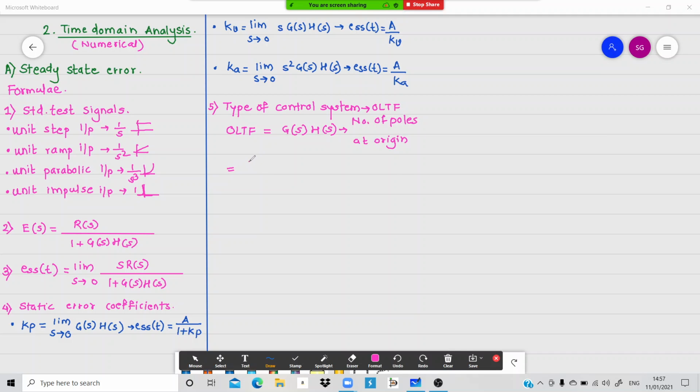You are going to have some gain K, some zeros in the system, which will be in the numerator. Some poles will be there, which definitely are in the denominator, right? And you may have s raised to something over here. So might be nothing is there, s raised to 0, so the type becomes 0. But if s raised to something exists, that power j will decide the type of the system.